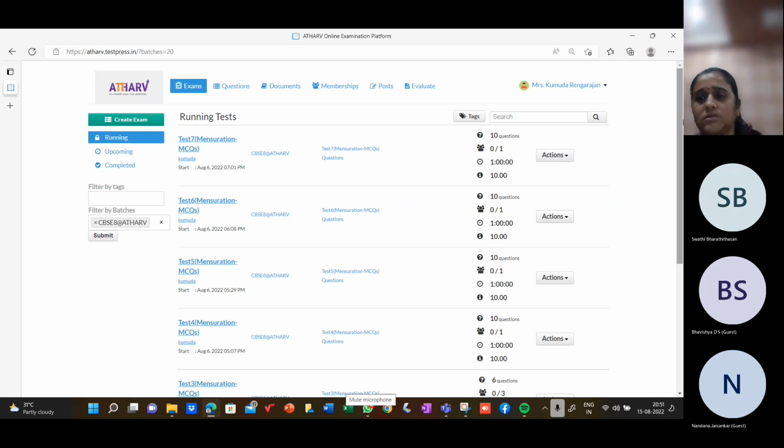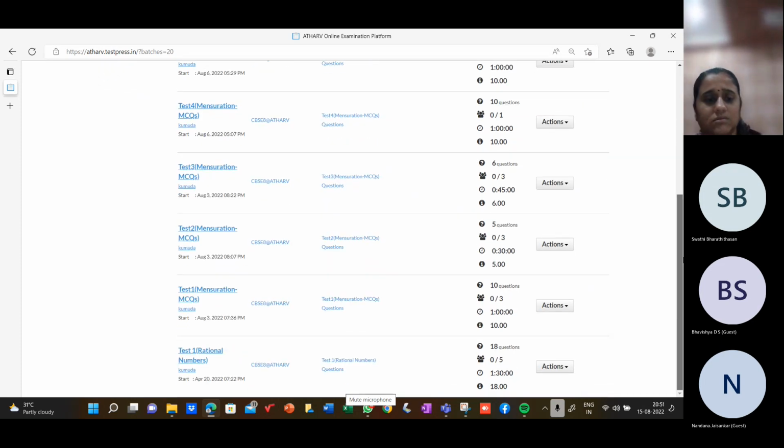So see. Mensuration test 1. Who's not completed? Swati, Nandana, and Bhavishya finished test 1, is it? All the three of you?